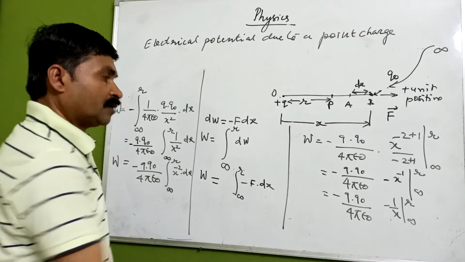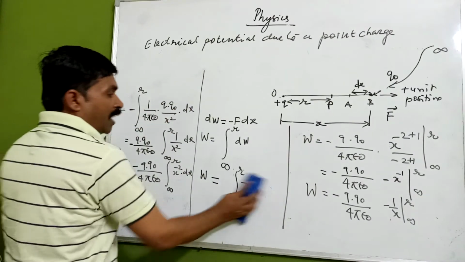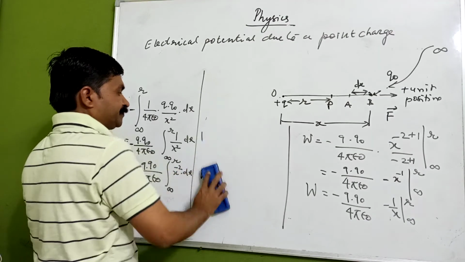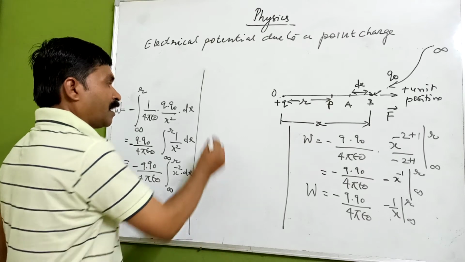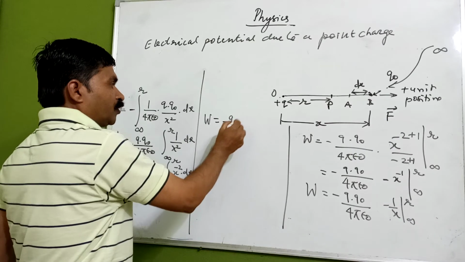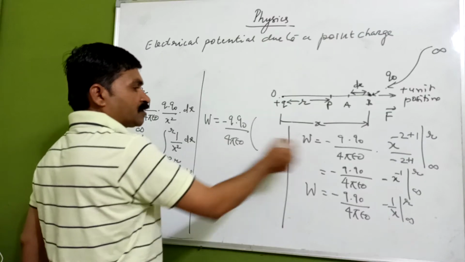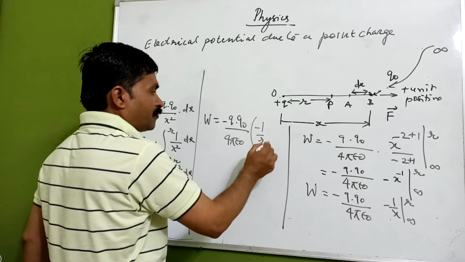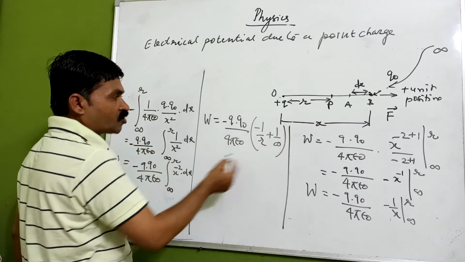Okay. Now what we are getting here, the total work done, will be given by W is equal to minus q into q naught upon 4 pi epsilon naught, and we are going to substitute the values, minus 1 upon r plus 1 upon infinity, and 1 upon infinity is going to be 0.